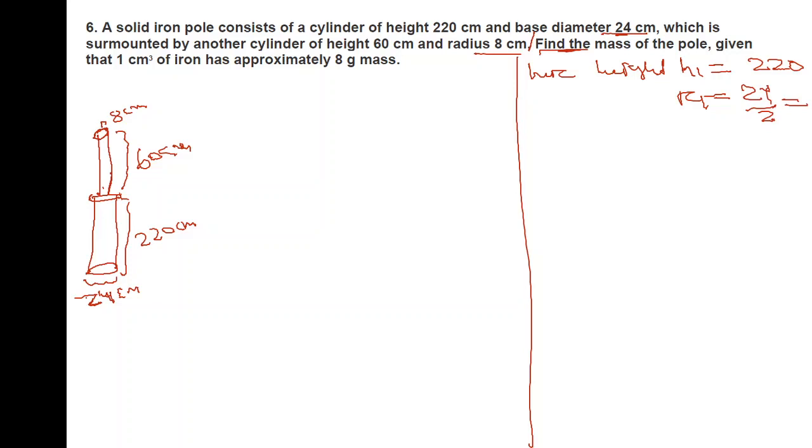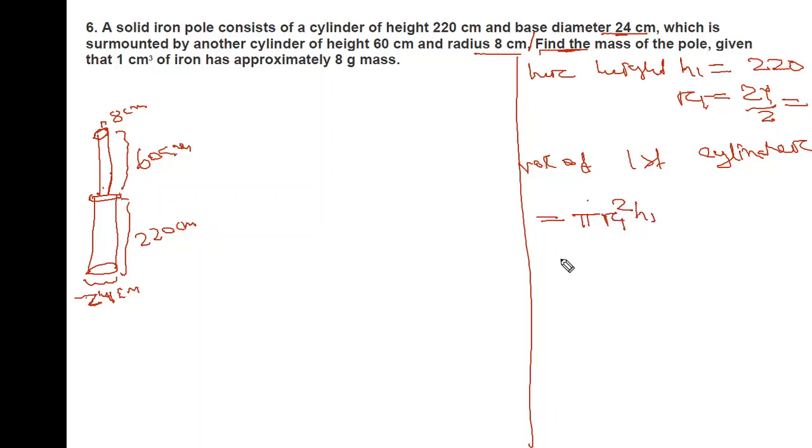Now you can find the volume of the first cylinder. Volume of first cylinder is equal to the formula pi r square h, pi r1 square h1.